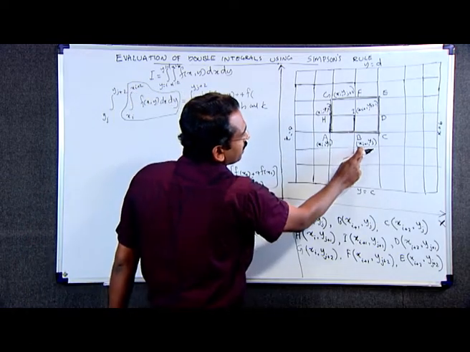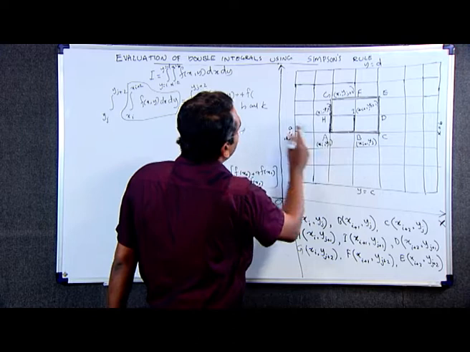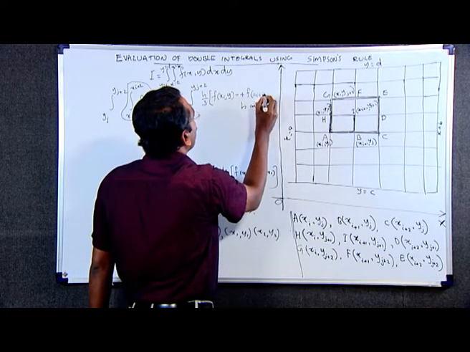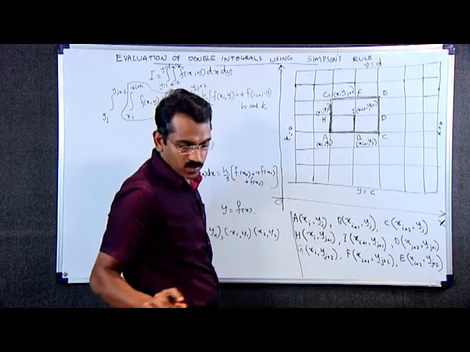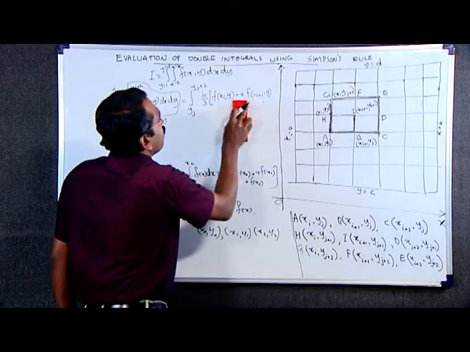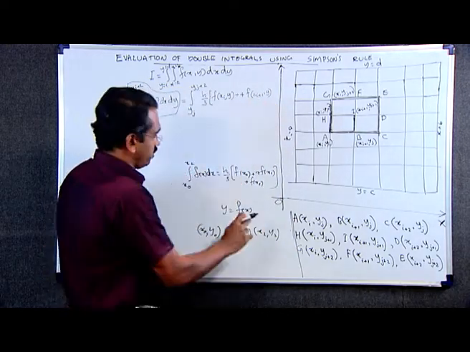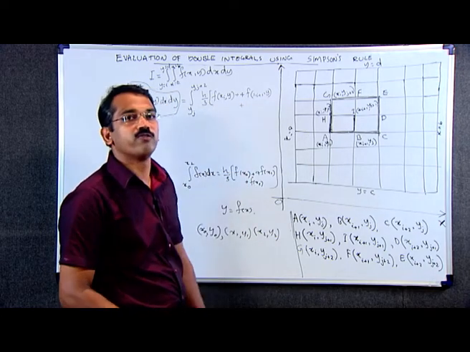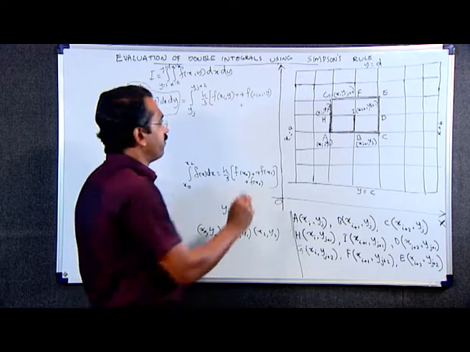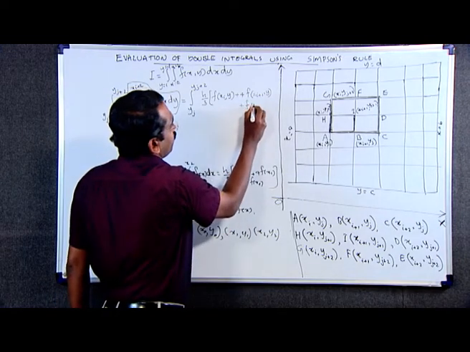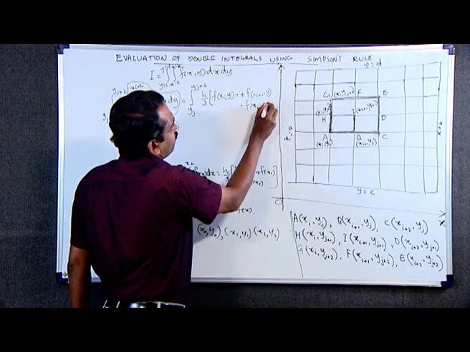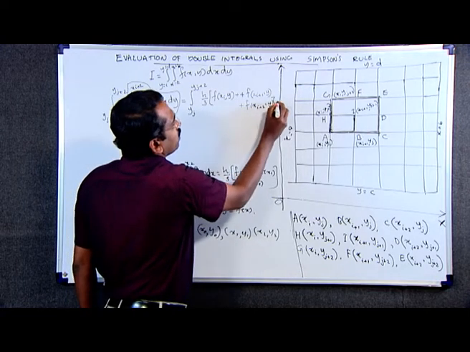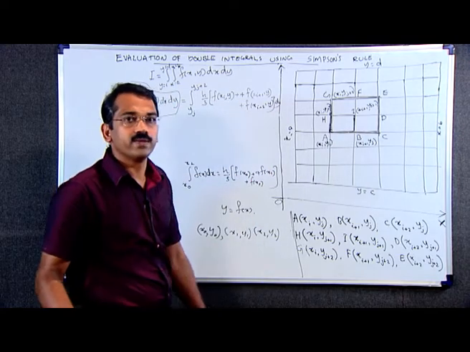This is the point xi plus 1, y, that is the midpoint, plus f of xi plus 2 comma y. This is the corresponding end point of dy.